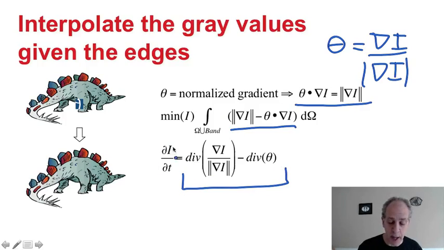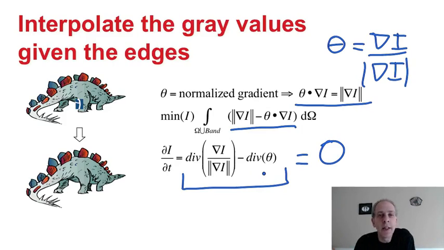And as we have seen many times, we deform the image in time according to the Euler-Lagrange, and then we go to steady state, and when we get to steady state, we get that the divergence (remember, div is for divergence) of the normalized image gradient is equal to the divergence of the normalized gradients that we were given, and then we get an image that is consistent with the information that we were given. That's exactly what we wanted.